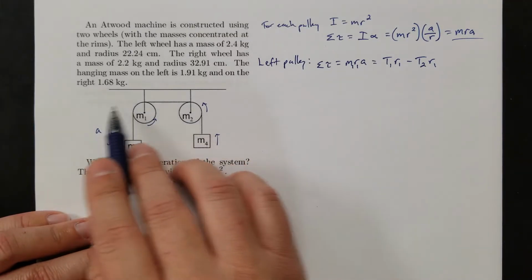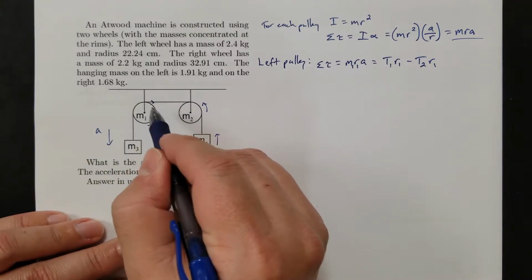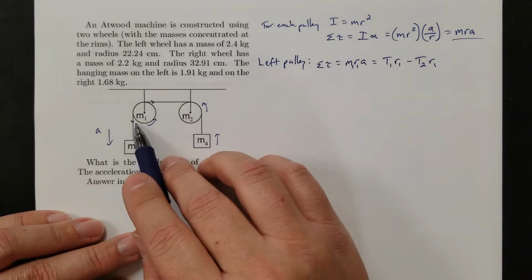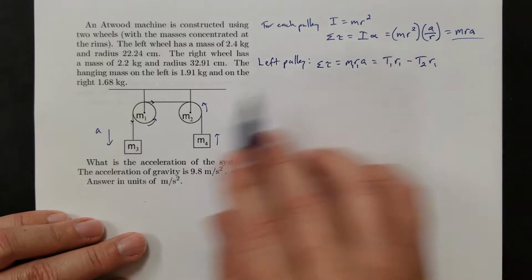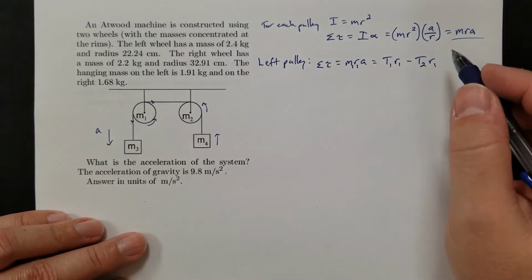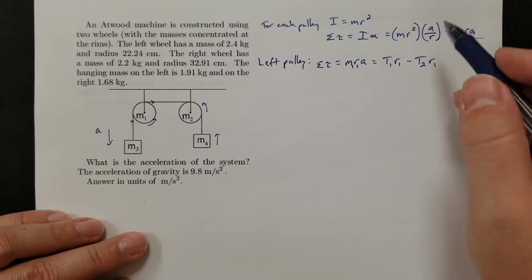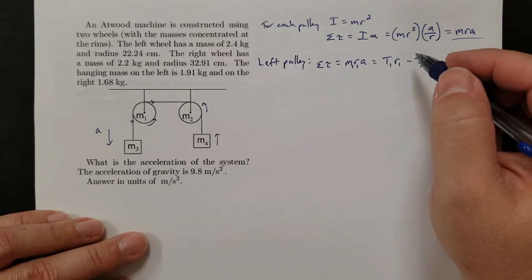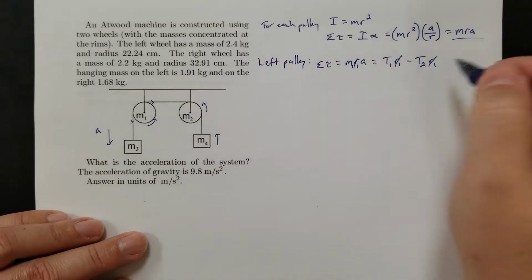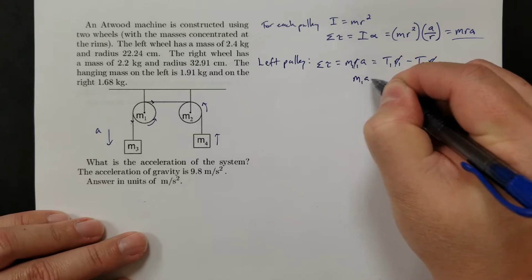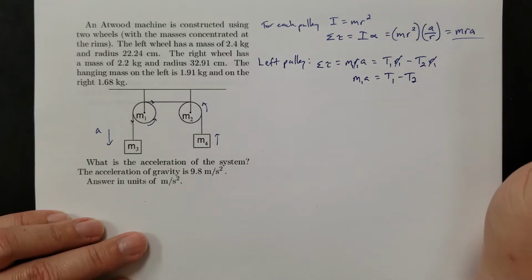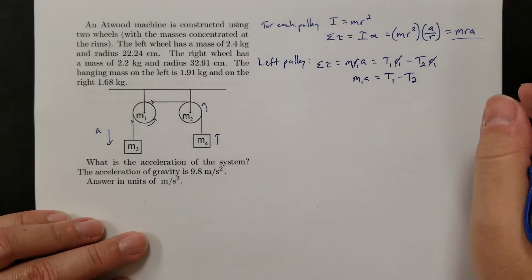Even though it looks like it's going forward, that rope is applying a force this way, and this rope is applying a force that way. But this one's bigger. So T1 times R1 minus T2 times R2. These R1s all cancel out, so basically I have M1A equals T1 minus T2. All right, so there's one equation.